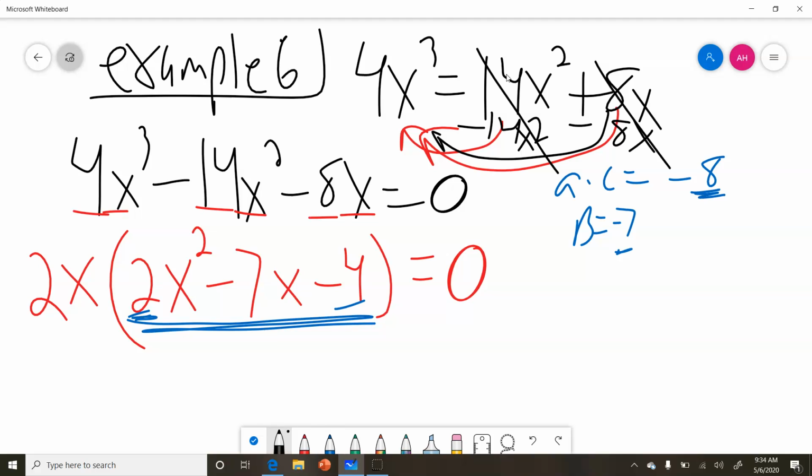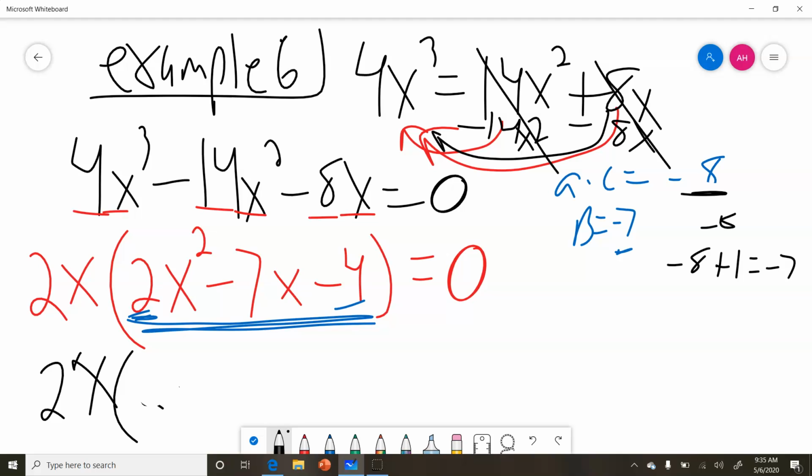So I'm looking over here, the negative 8 plus 1 is going to give me negative 7 when added together, and give me negative 8 when multiplied. So I know that's right. So I'm going to have 2x squared, and then I'm going to have minus 8x plus x minus 4.